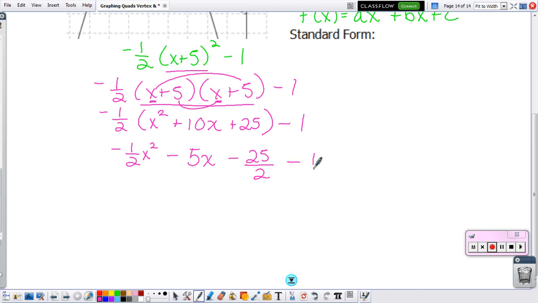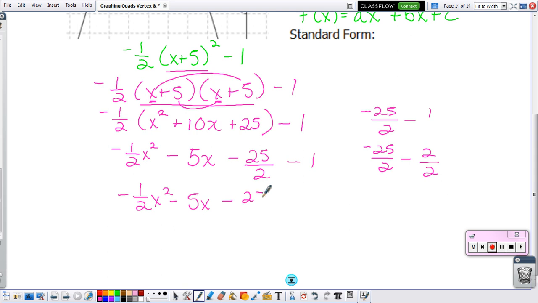We still have this minus 1 here, so we're almost done. We're going to have negative 1/2 x squared minus 5x. And then you have negative 25 halves minus 1. Get a common denominator, so it'd be 2 over 2. So we would end up with negative 27 halves.